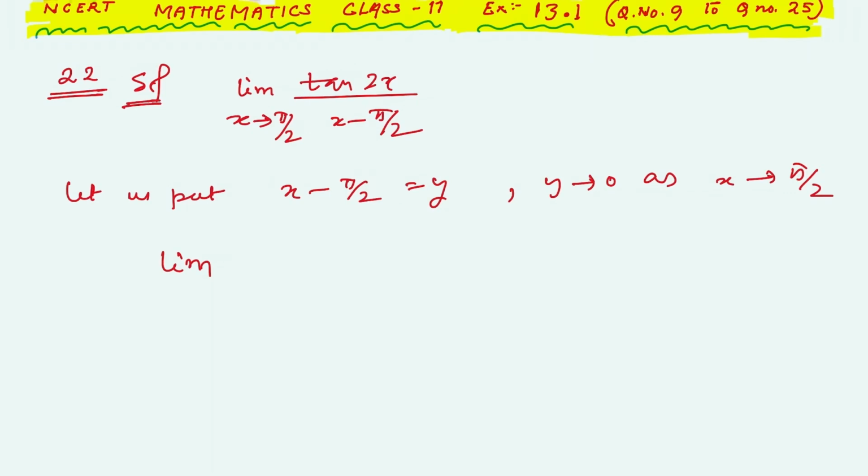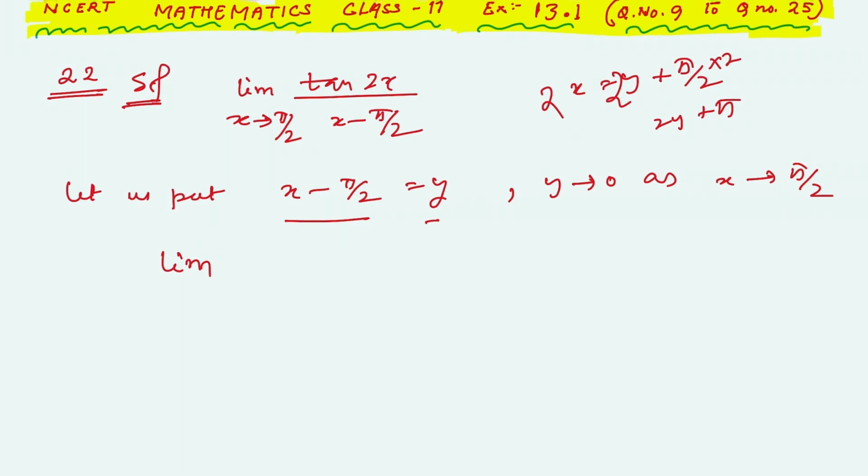Now we have taken x minus pi by 2 as y, so x will be equal to y plus pi by 2. Then twice x will be equal to twice y plus pi. So that's what we have got.